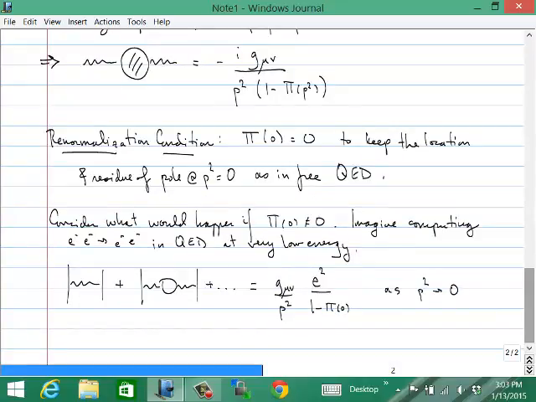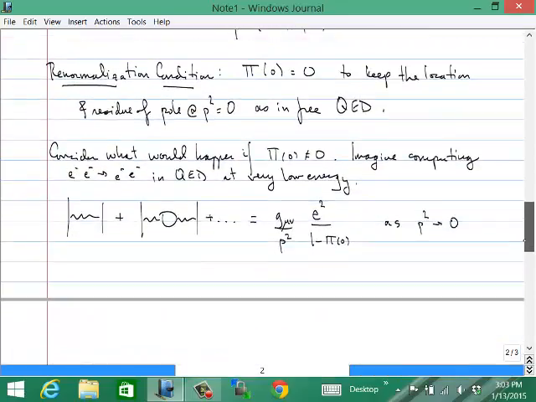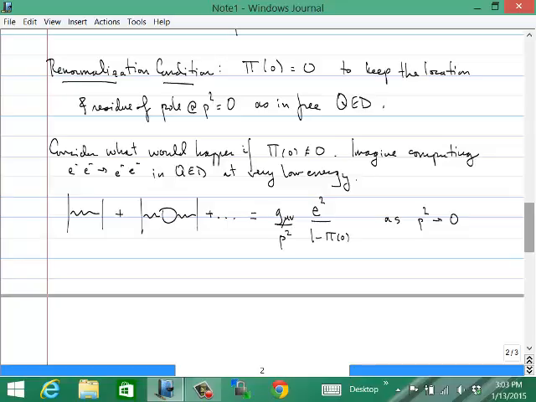So that means that if pi at p squared goes to 0 was not equal to 0, we could just regard that as part of our definition of the electric charge. In particular, the parameter E that I've been writing down here is the quantity that appears in the Lagrangian, but it may or may not have anything to do with the value of electric charge that you might actually measure in some experiment.